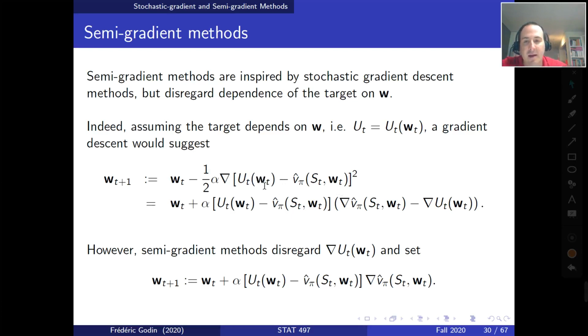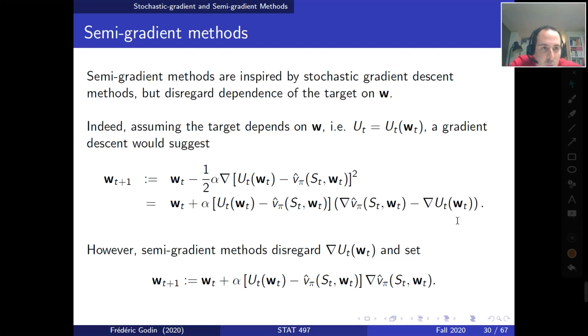If we differentiate the square with respect to the various parameters in w, the 2 goes in front and cancels out, and then we have the derivative of the interior, which is the gradient of U_t minus the gradient of v_pi. Here it's flipped: it's the gradient of v_pi minus the gradient of U, because we flipped the sign, minus to a plus.